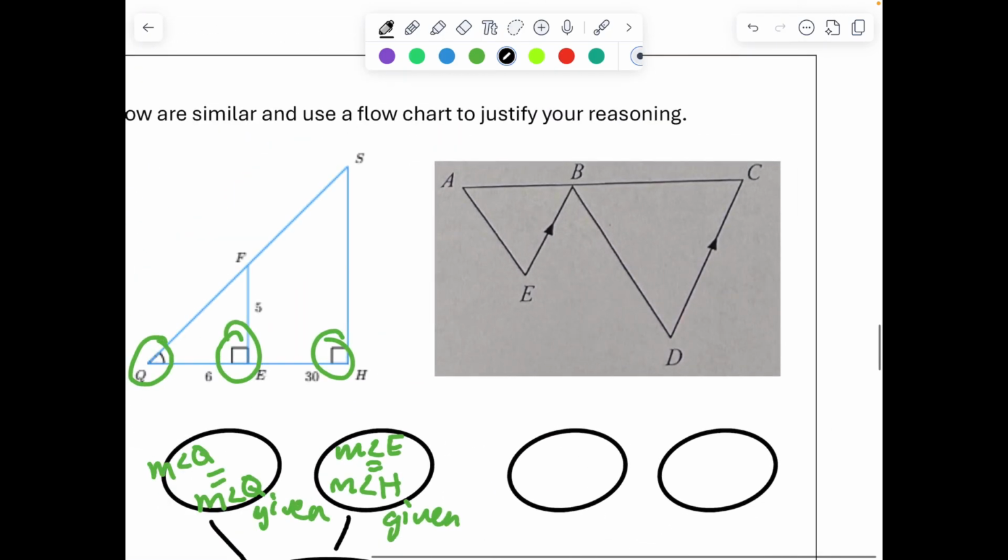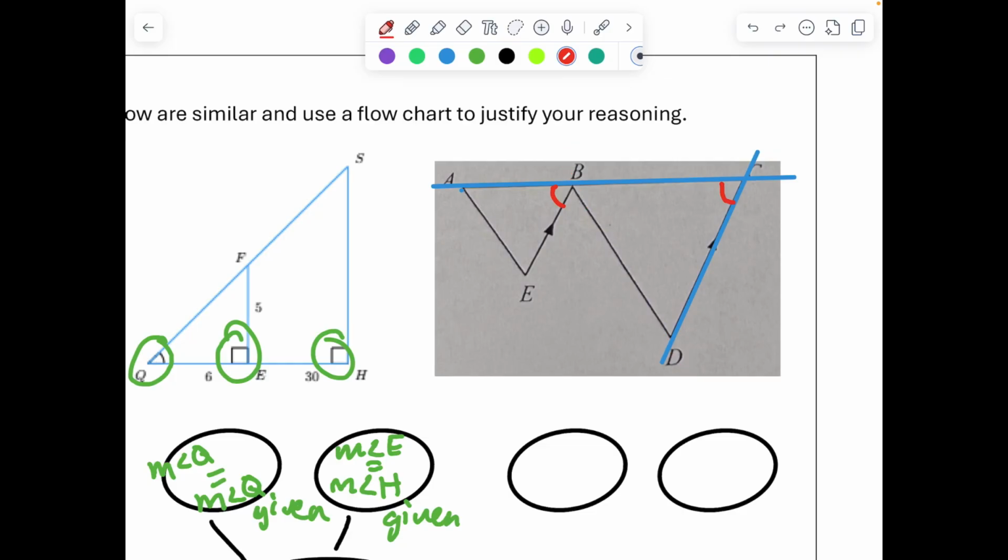Now here, this is kind of a tricky one. We've got some parallel lines. And anything that crosses parallel lines, we call a transversal. Back to our angles unit, we have two corresponding angles here that are the same. So that's one pair of angles. And then we could also treat this line as a transversal as well.